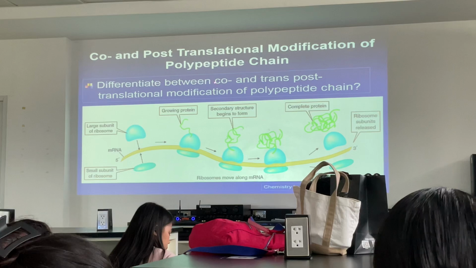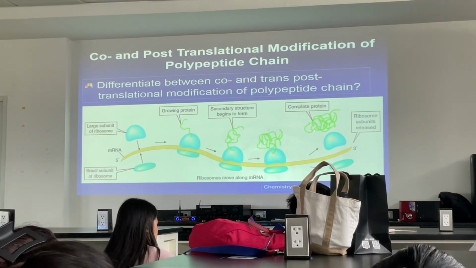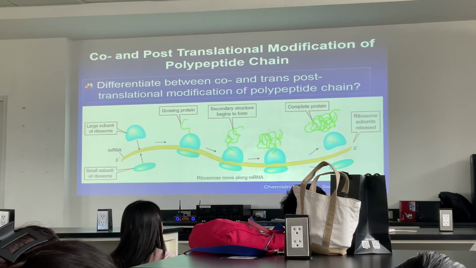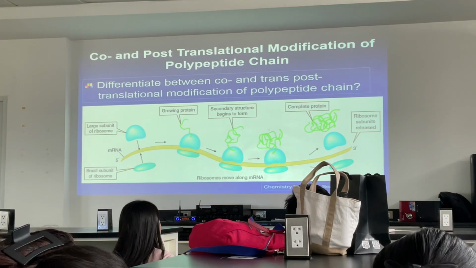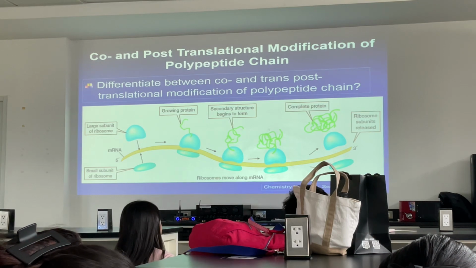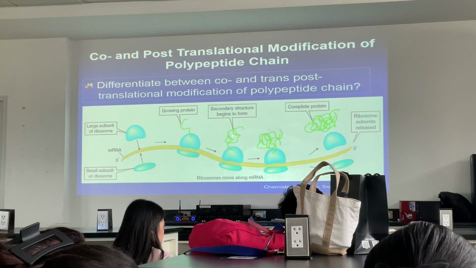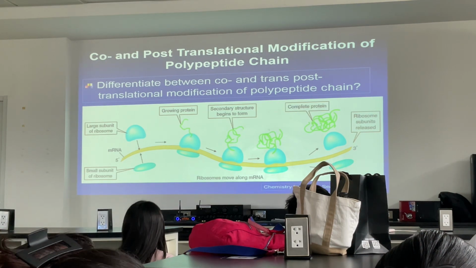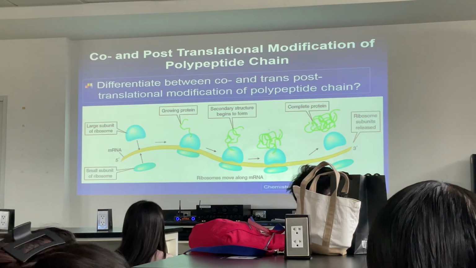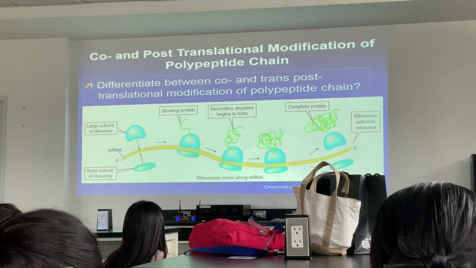If it is of the co-translational type, after the protein is released, it is already functional, because the protein has been modified at the same time when it is synthesized. So automatically, when it is released from the ribosome, it is functional already.